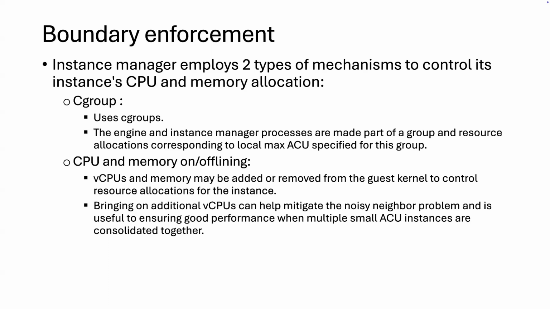For any CPU and memory onlining and offlining, virtual CPUs and memory are added or can be removed from the guest kernel to control the resource group of the instance. Bringing in additional CPUs can also help mitigate the noisy neighbor problem and is useful in ensuring good performance.